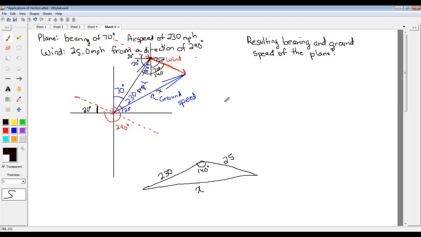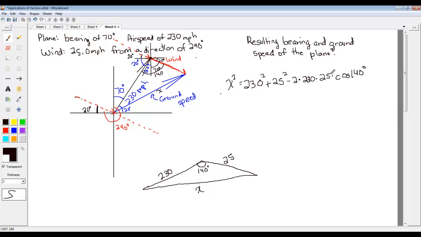I can say x squared equals 230 squared plus 25 squared minus 2 times 230 times 25 times the cosine of 140.